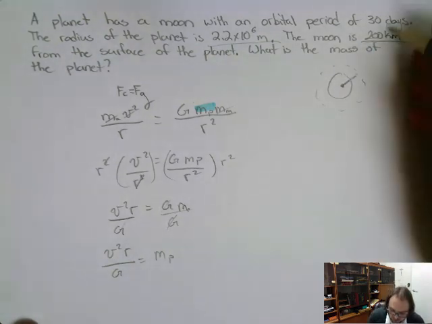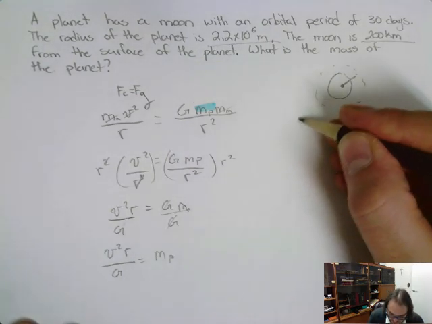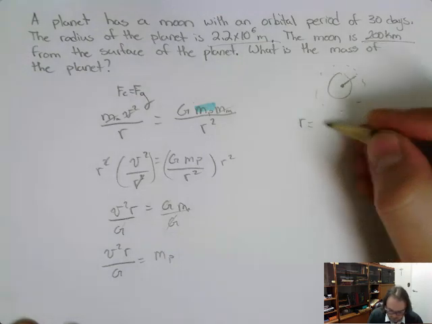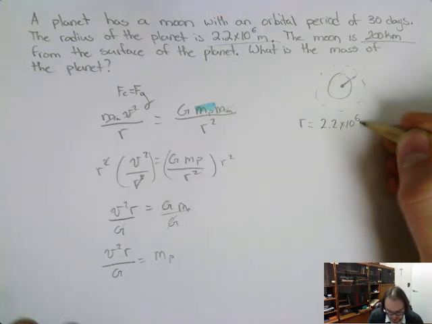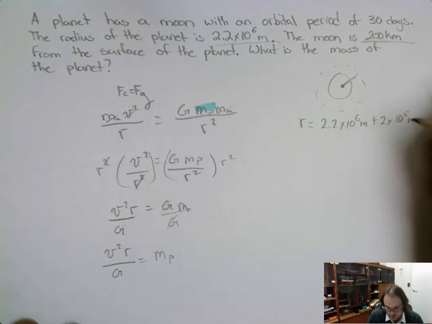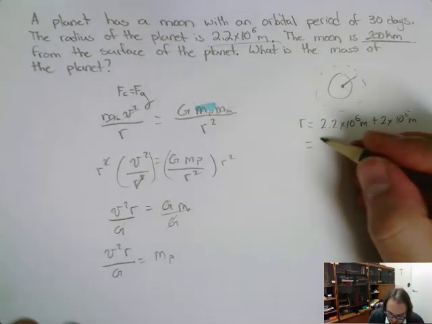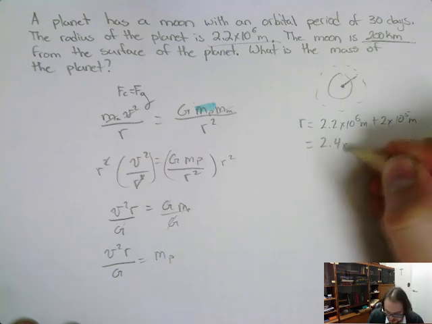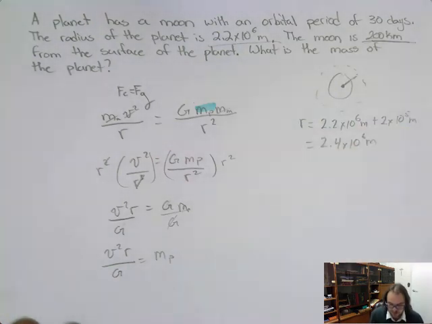So altogether, my radius is going to be equal to 2.2 times 10 to the 6 meters plus 2 times 10 to the 5 meters. I have to change this into meters. Now we end up getting 2.4 times 10 to the 6 meters is equal to my radius.